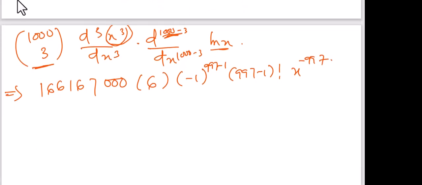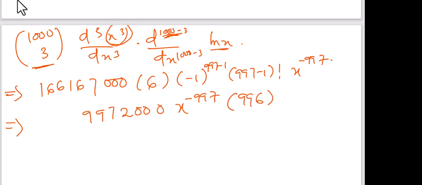And so when you do all this, you get 997002000 x power negative 997 times 996 factorial, and let's call this equation 4.